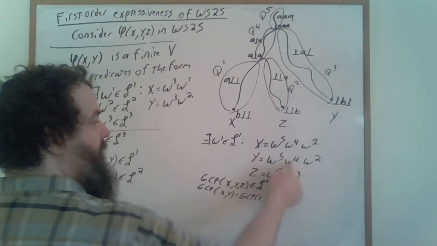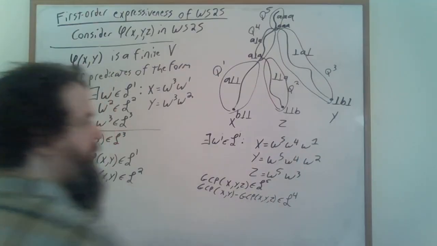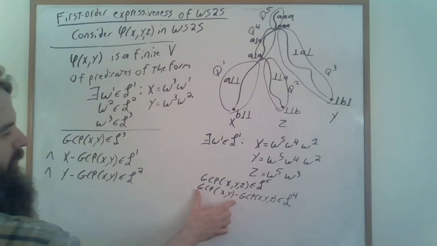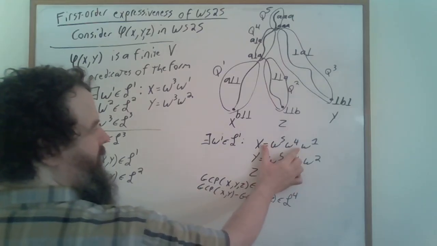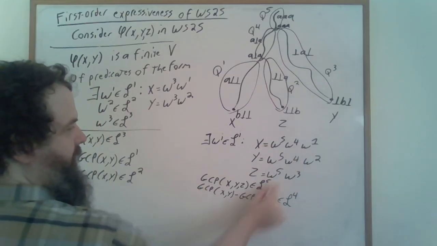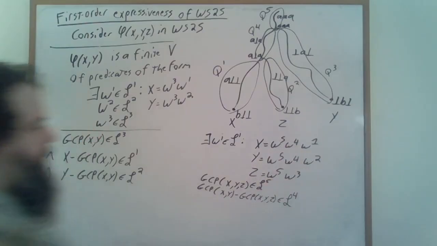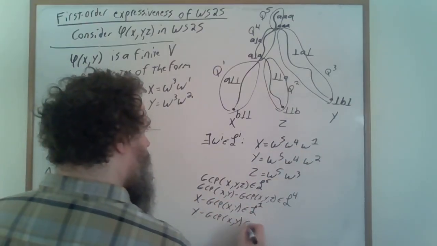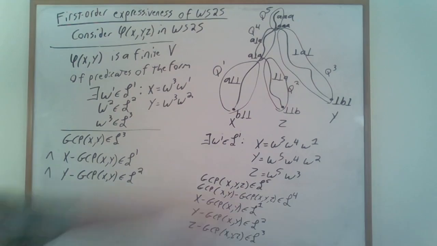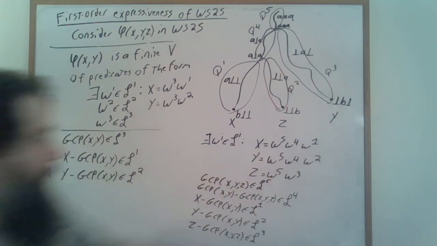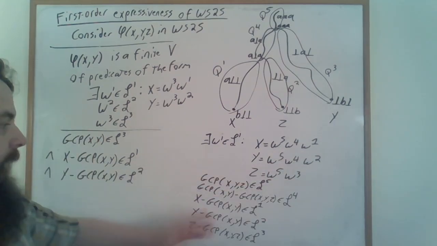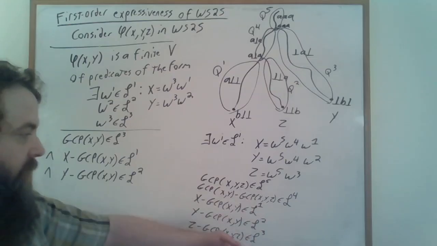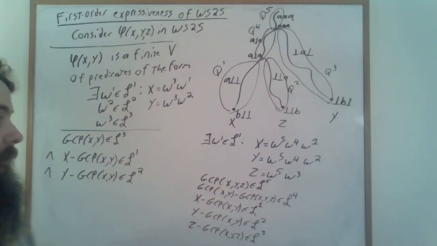That's going to be our W4, so it's going to fall into L4. Right, the greatest common prefix of x and y is W5, W4, so we're subtracting off W5, we'll be left with W4. And then we can write our W1, W2, and W3 like this, and we just assert that each of those is in the appropriate regular language.